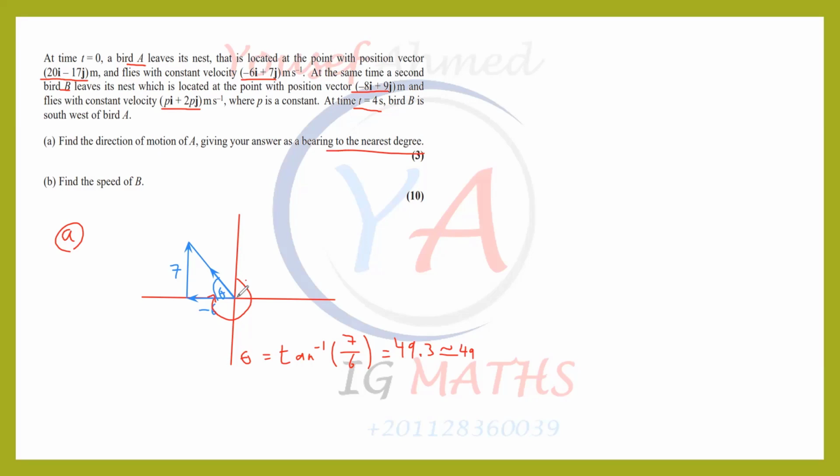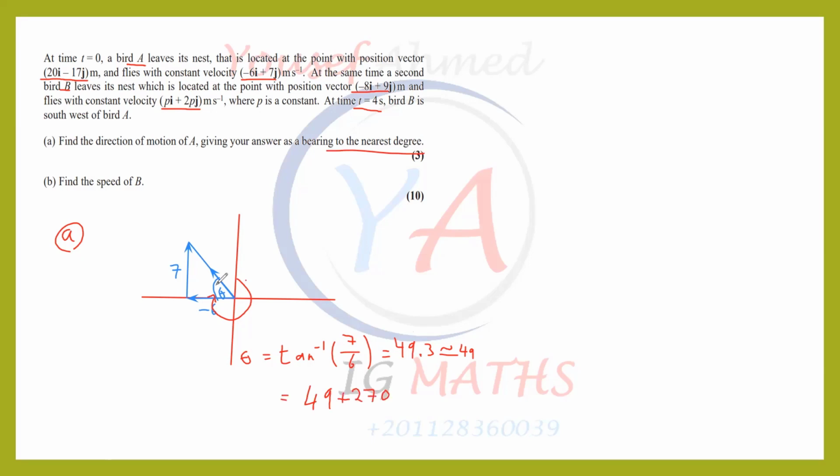Now why did I use 7/6, not 7/-6? Because I need to get the original angle theta, which is acute. So I will not consider the negative sign here, because I need the acute angle theta. So it's 49. To get the bearing, I add 49 to 270 degrees.